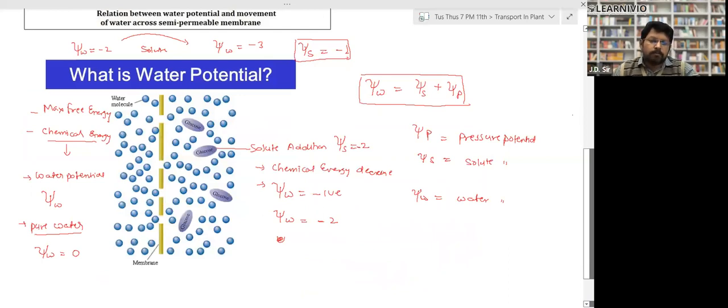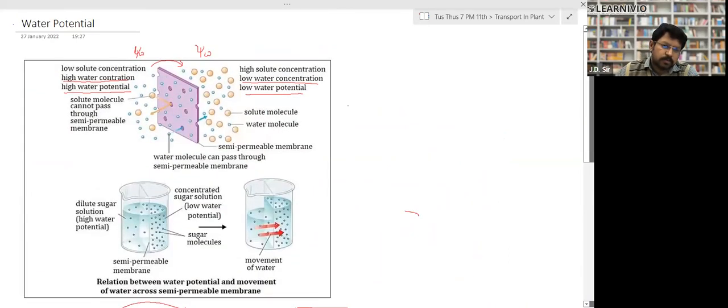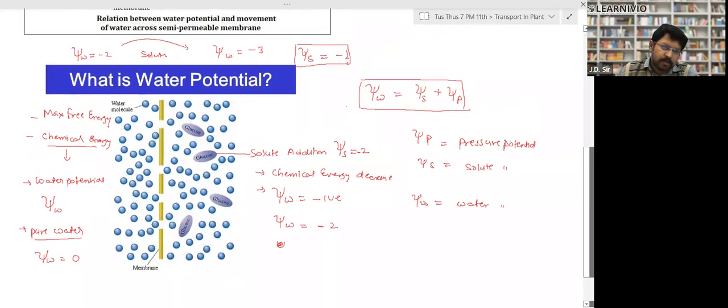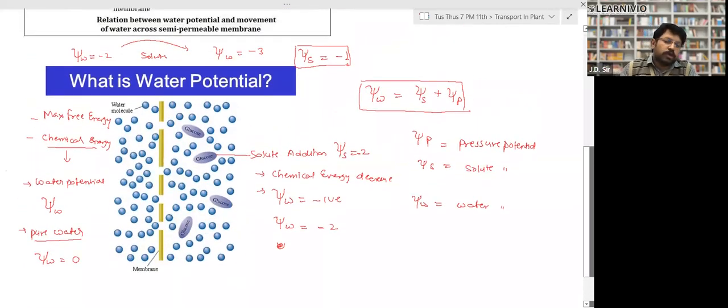Now come to the next. So what is water potential? The free energy of water is called water potential, and this is the free energy, meaning chemical energy. So pure water has maximum free energy, or maximum chemical energy, and we call it water potential, right?